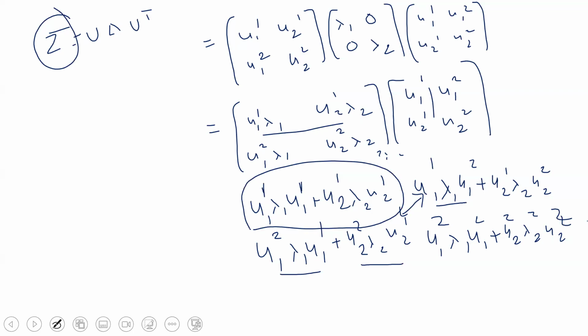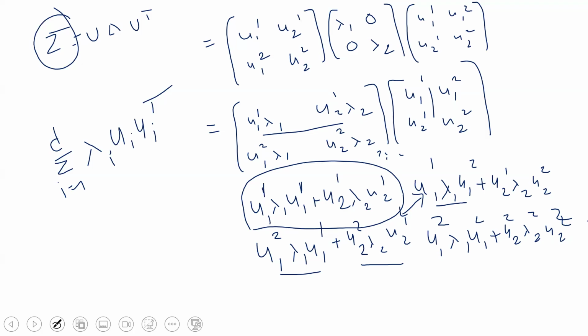In simple terms, sigma can be written as the sum over i from 1 to dimension d of lambda i ui ui transpose. I'll talk about this again in the next session.